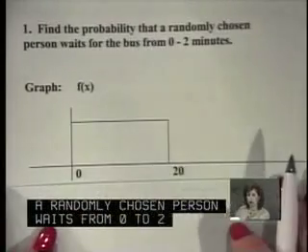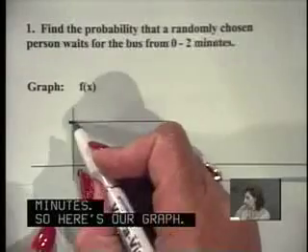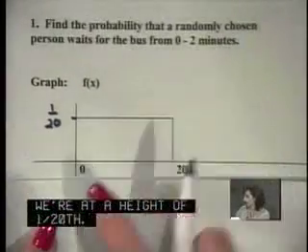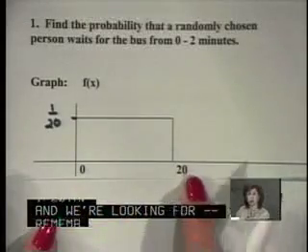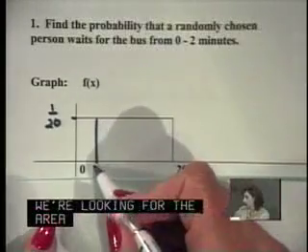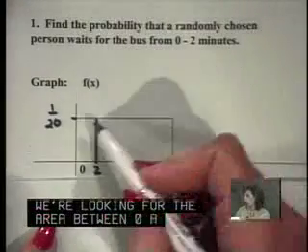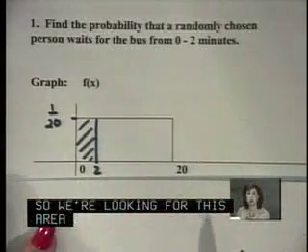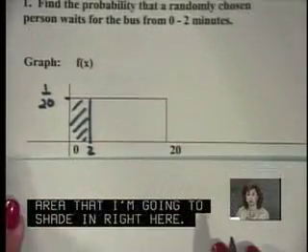So here's our graph. We're at a height of 1/20. And we're looking for, now remember this is a number line, 0 to 20. We're looking for the area between 0 and 2. So we're looking for this area that I'm going to shade in right here. That's the area we're looking at from 0 to 2.